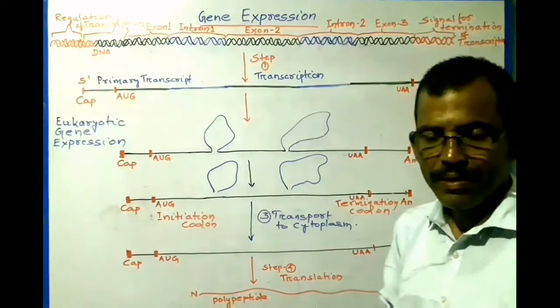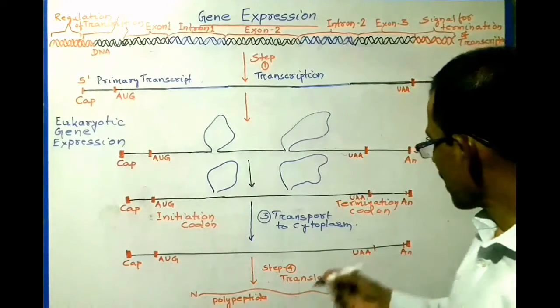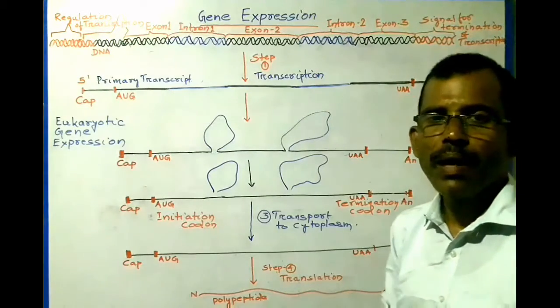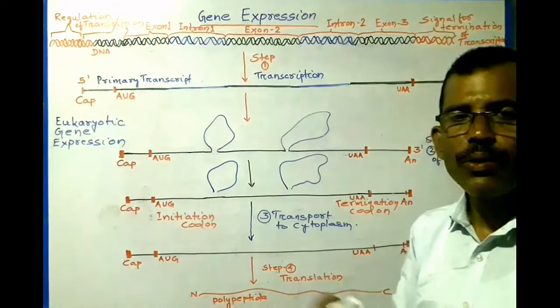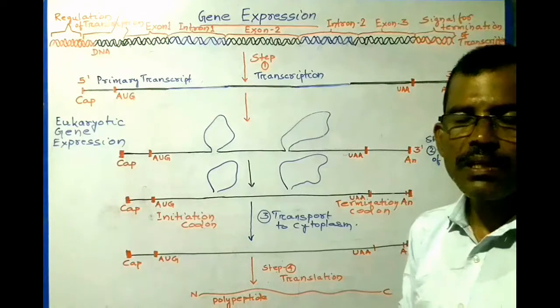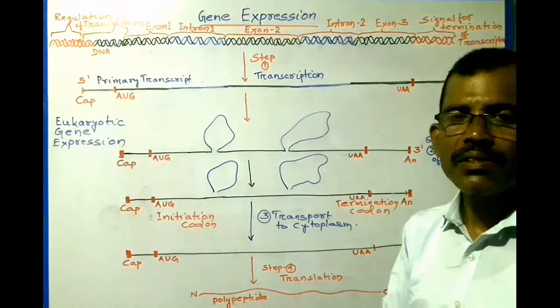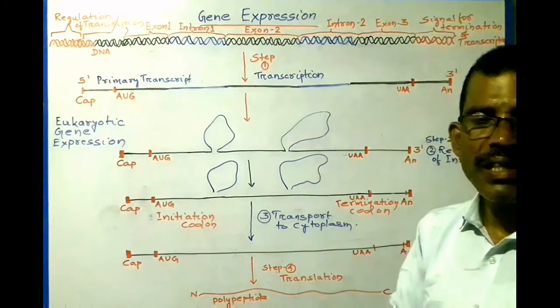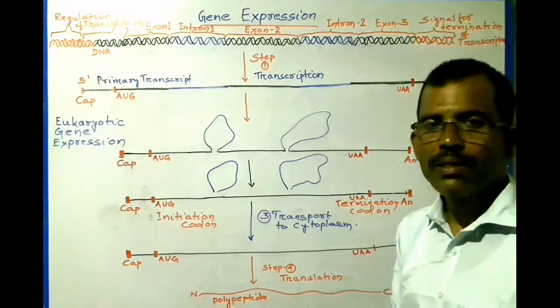After processing, the mRNA is transported to the cytoplasm. In eukaryotes, transcription and processing occur inside the nucleus, whereas protein synthesis takes place in the cytoplasm.